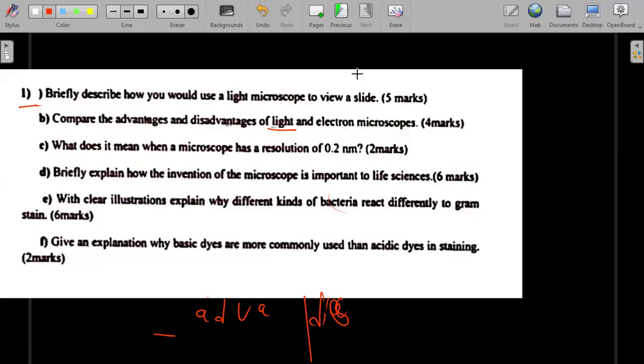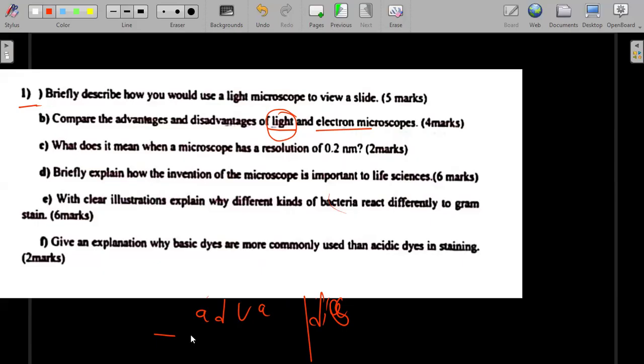We cannot use an electron microscope to view things that are living. So the advantage of this light microscope is that it can view even living things. You can use it to view both non-living and living things.